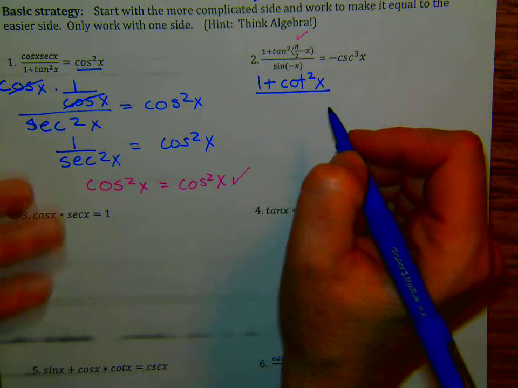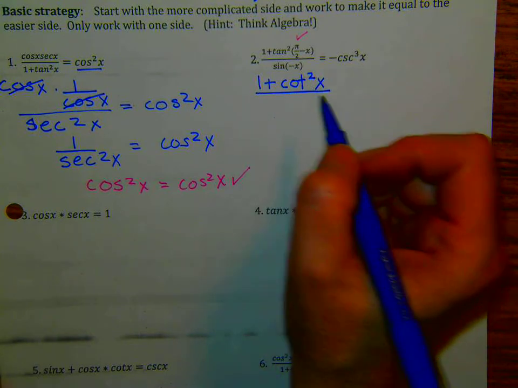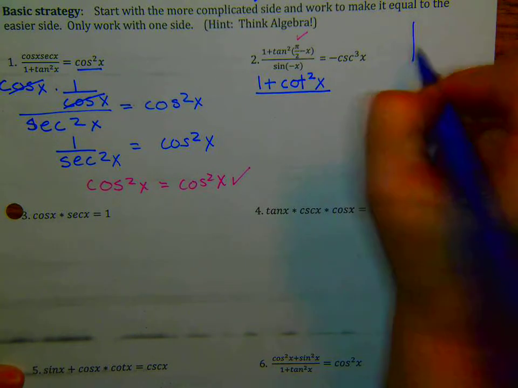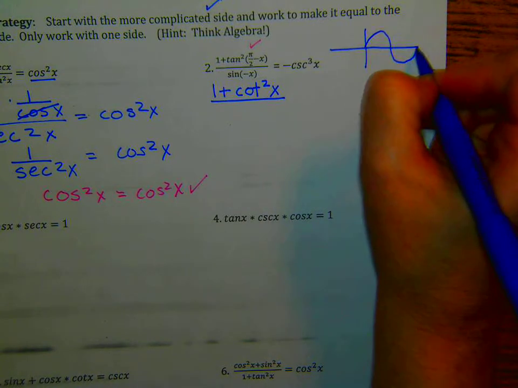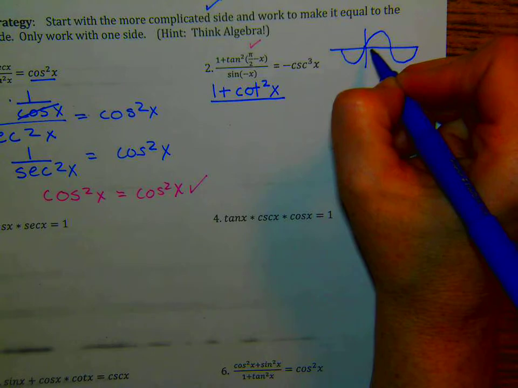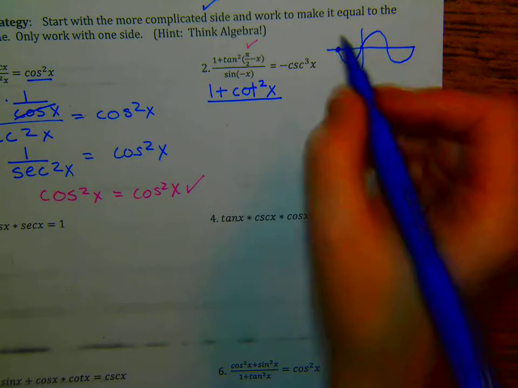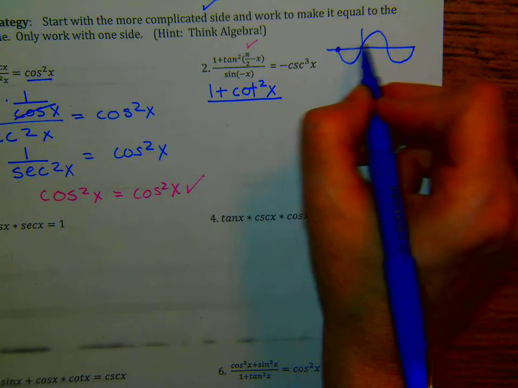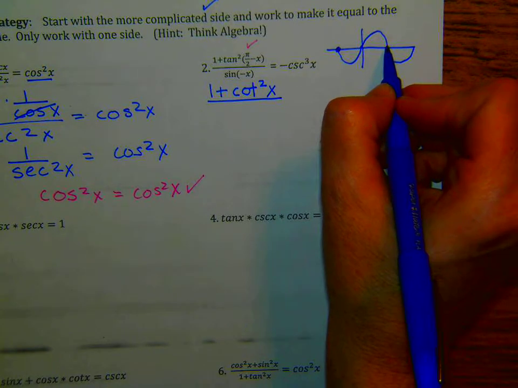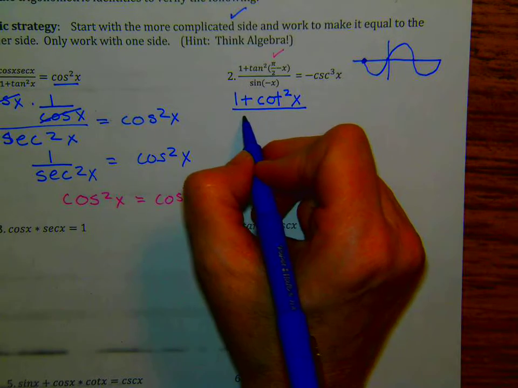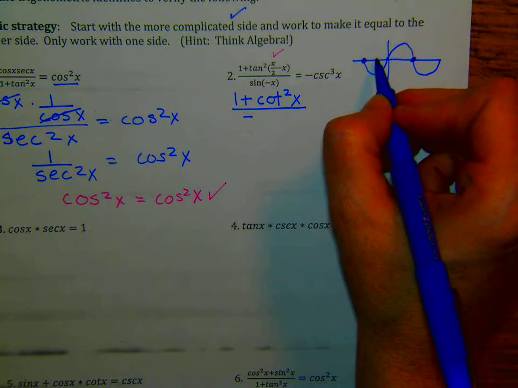Now, what does our odd and even function say about the sine of negative x? Let's look at the sine function. When we have the sine function, what does the sine of negative x equal? If I have the negative x, the sine of a negative x, what is it equal to? It is equal to the negative of the sine of the same value.